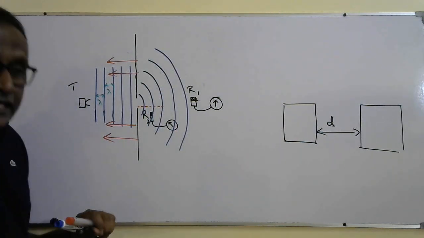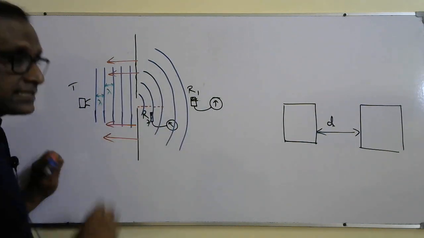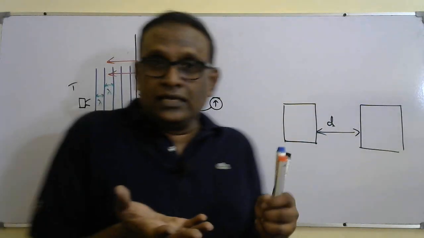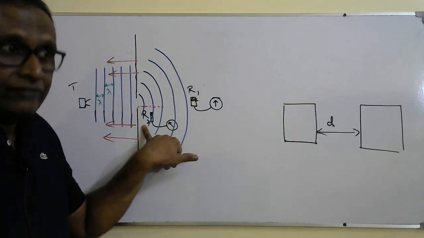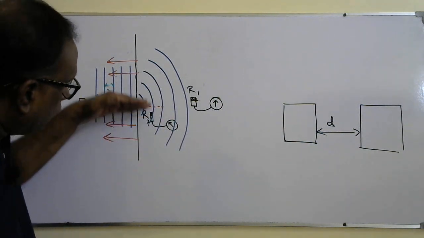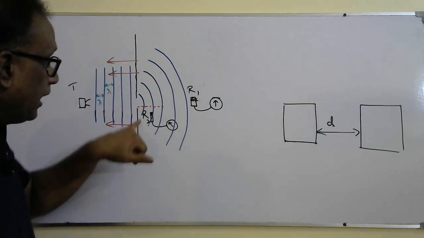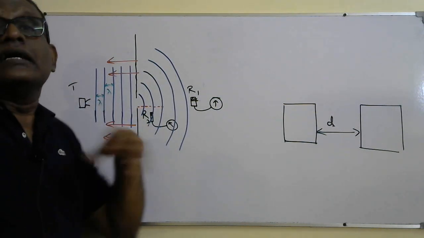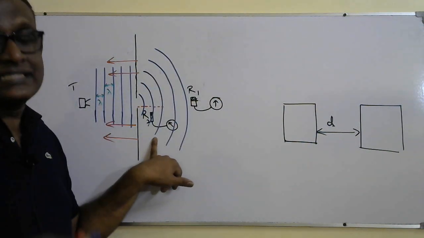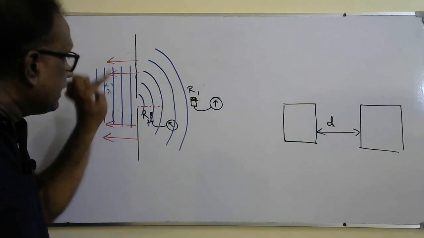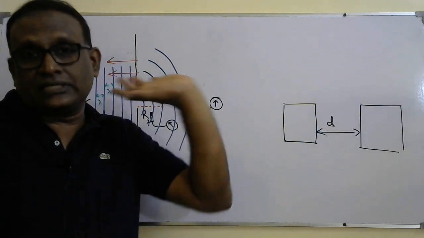The reading of R2 is increasing when the slit size decreases. The reason: earlier R2 did not receive any wave because it is below the edge of the metal plate. Now it's receiving the diffracted wave, and the amount of diffraction is significant when the wavelength is almost equal to the size of the slit.